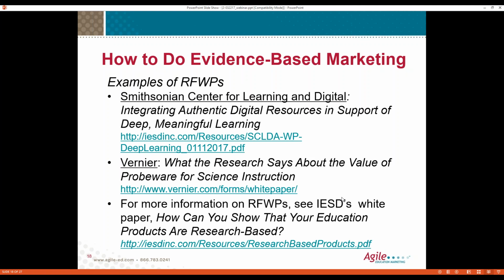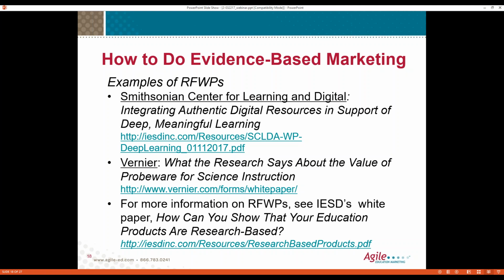Okay, here we go. And you'll have copies of this, so you'll be able to click these links and look at them. One is a paper that we just actually released for the Smithsonian Center for Learning and Digital. They wanted us to write a paper that supported the claim that their new product, Learning Lab, supports deep, meaningful learning.